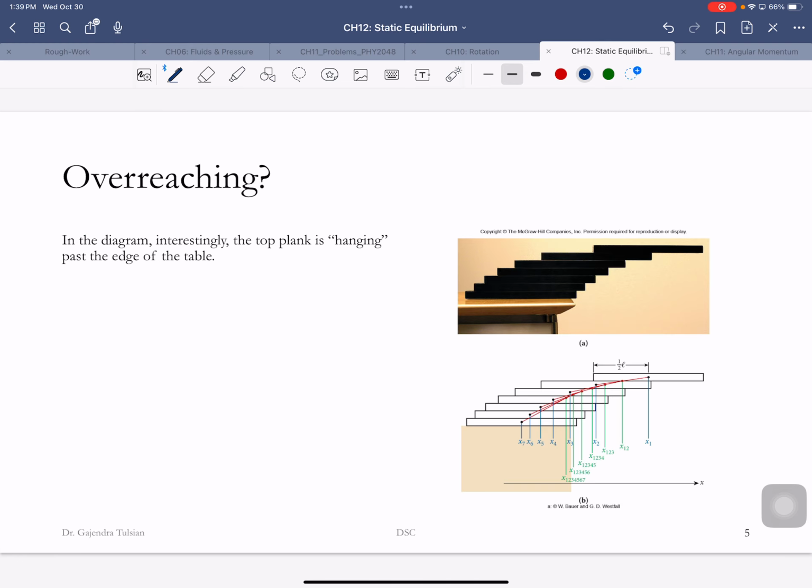So here's just a pretty picture. Do you notice anything pretty about it? The top piece is hanging all the way out. Very good. So you see this guy is hanging off the edge. And you can do this.